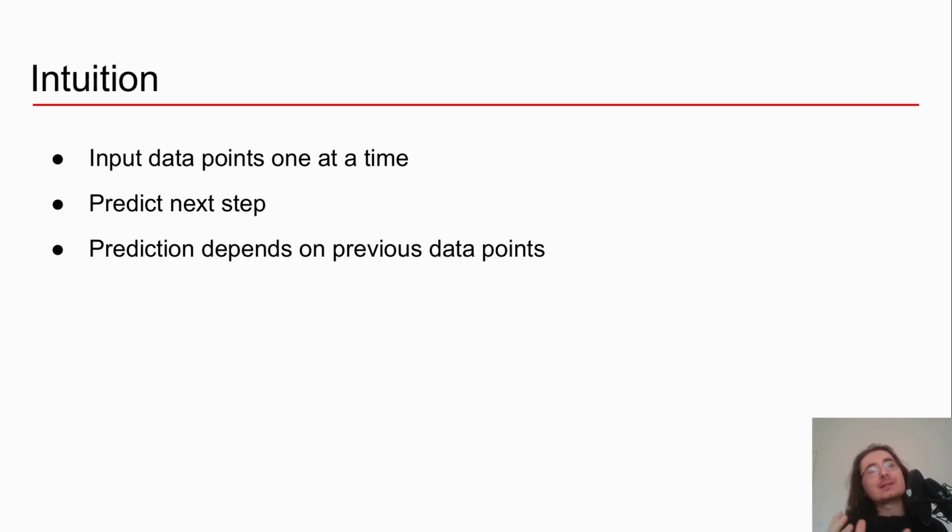And the idea is that the network is going to be able to predict the next step given the step we are currently giving it and the history. So the prediction depends also on the context, on what happened before. This is a very, very high level intuition of what an RNN is.